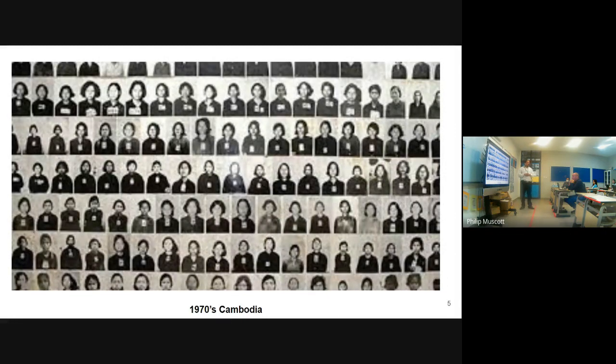So let's actually have Tida. Can you describe what you're looking at there? It reminds me of the Khmer Rouge. Nearly 2 million died. Okay, it reminds you of the Khmer Rouge. Do you know where this picture is taken from?